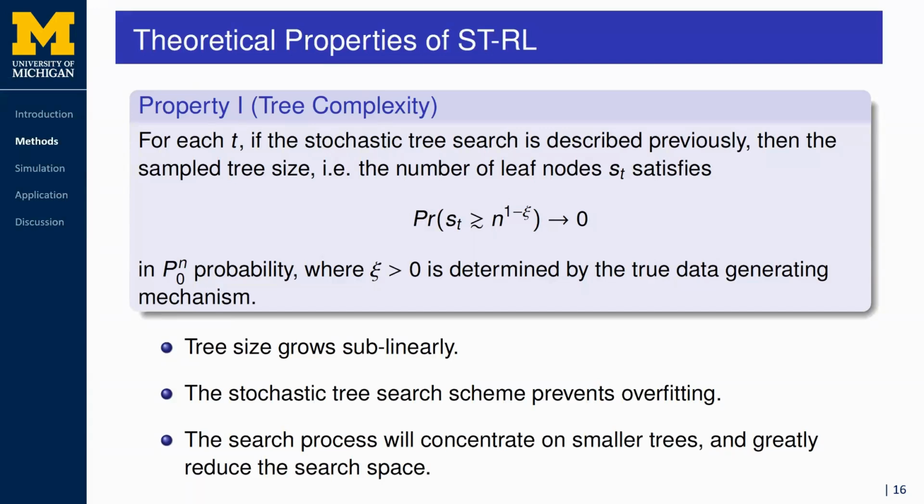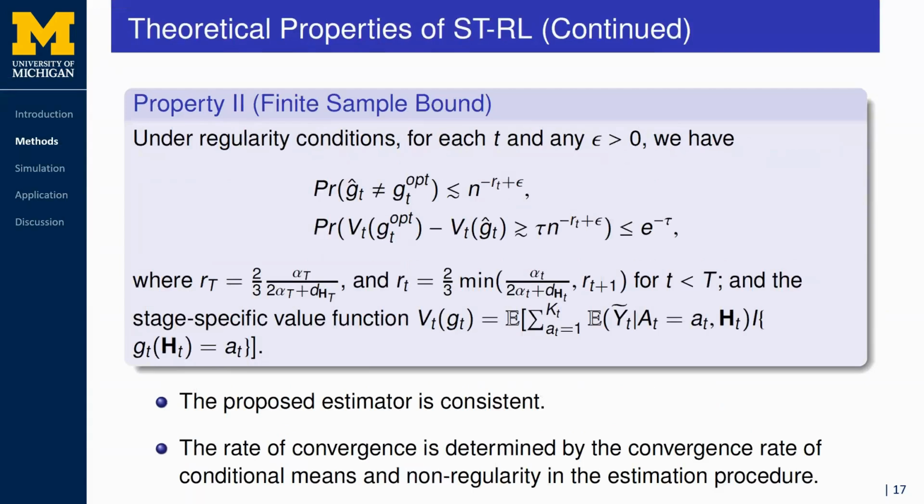In the meanwhile, this suggests that the searching process will concentrate on smaller trees, which can greatly reduce the searching space, which is also very helpful. And in real practice, physicians also prefer smaller trees instead of too many dimensions of data to make a decision. They want to catch the major signals.